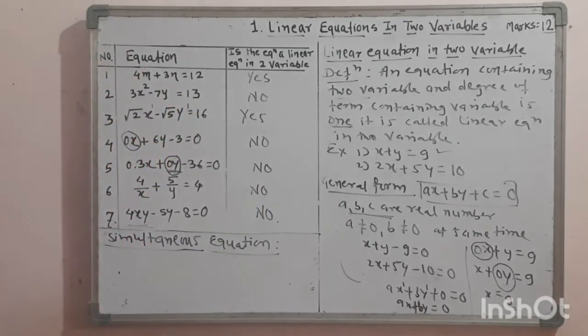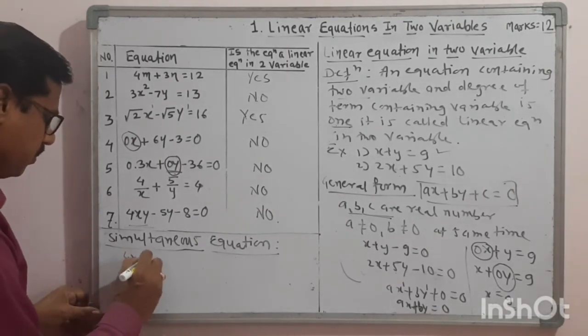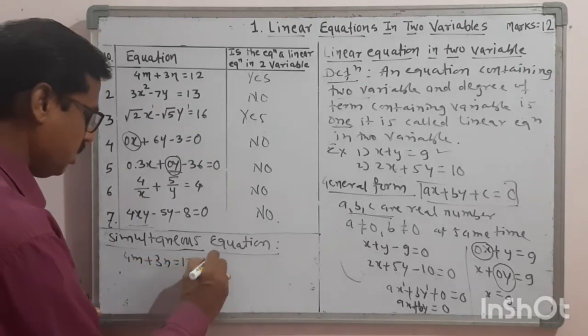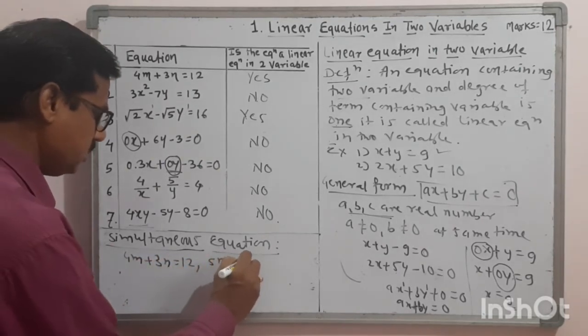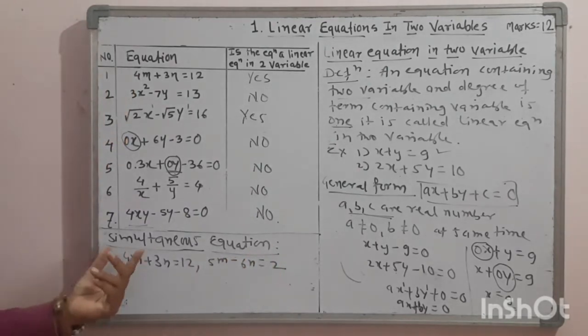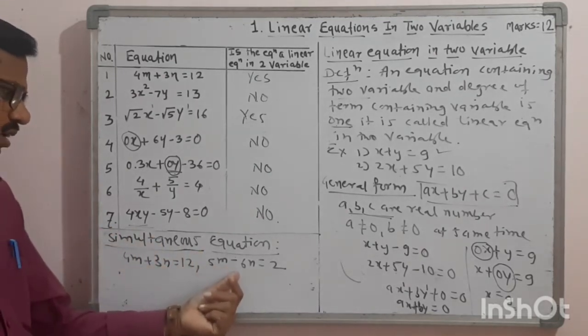Again we revise that. What is a simultaneous equation? If we take the equation 4m plus 3n is equal to 12, and another equation 5m minus 6n is equal to 2, such type of equations are called simultaneous equations.